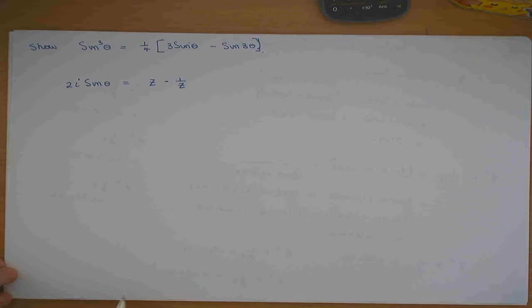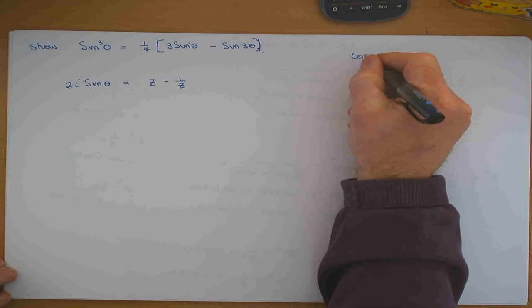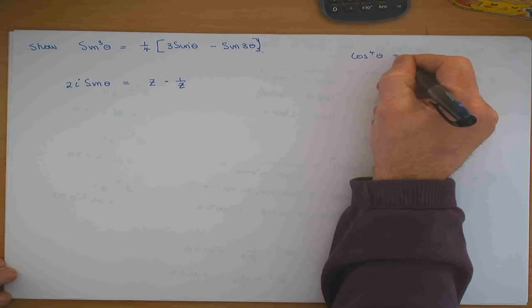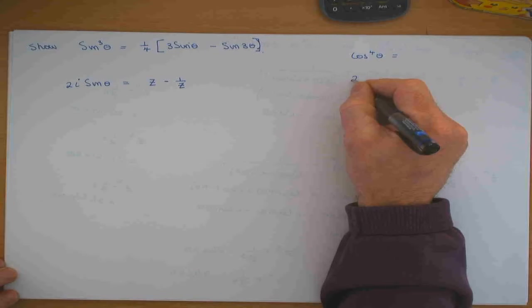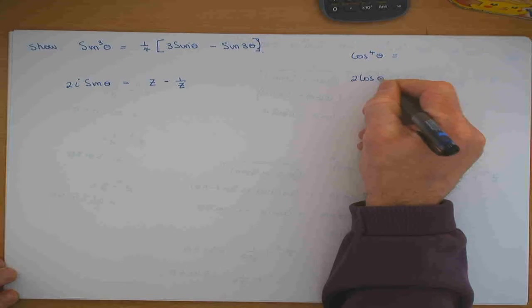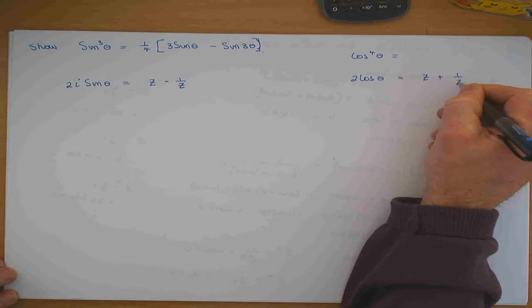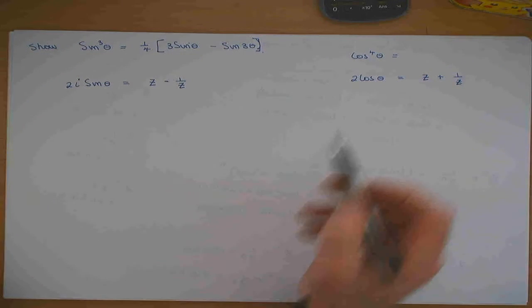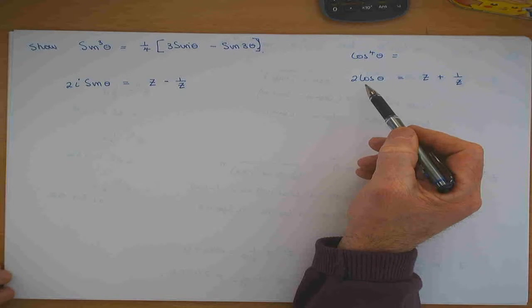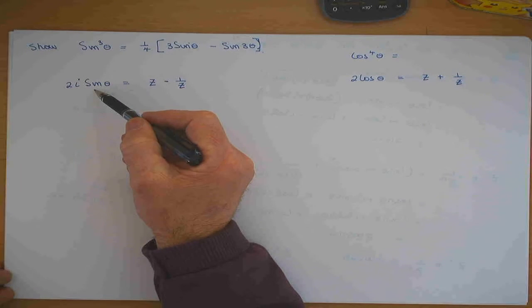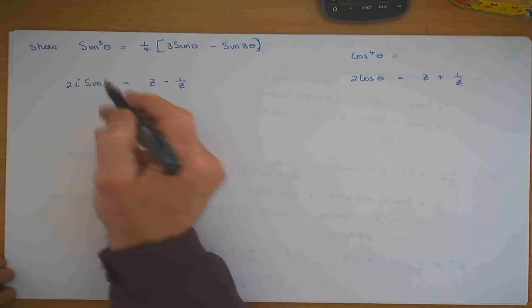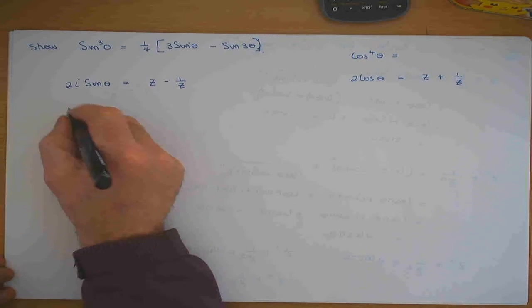Yes? If they ask me to get cos 4 theta, I would start out with twice cos theta is z plus 1 over z. The only way I can get cosines is to start with this. And the only way I can get sines is to start with this. Now, how am I going to get a sine cubed theta? I have to cube this.